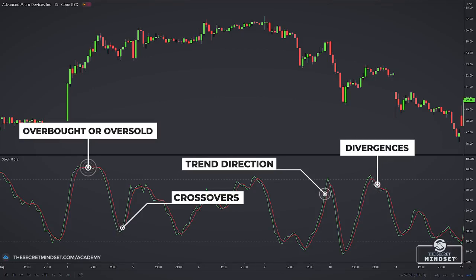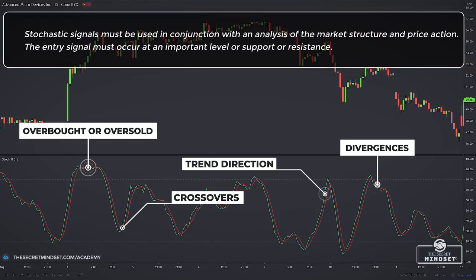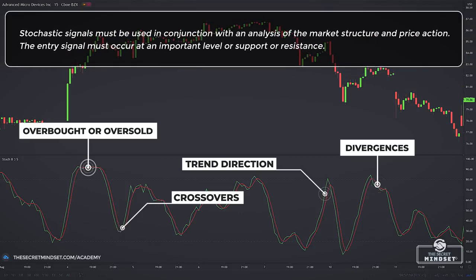Now, very important, all the signals must be used in conjunction with an analysis of the market structure and price action. Basically, the entry signal must occur at an important level of support or resistance. So before considering taking an entry with an indicator, you must mark all major support and resistance levels on your chart, as they could become relevant again if the price approaches those areas.